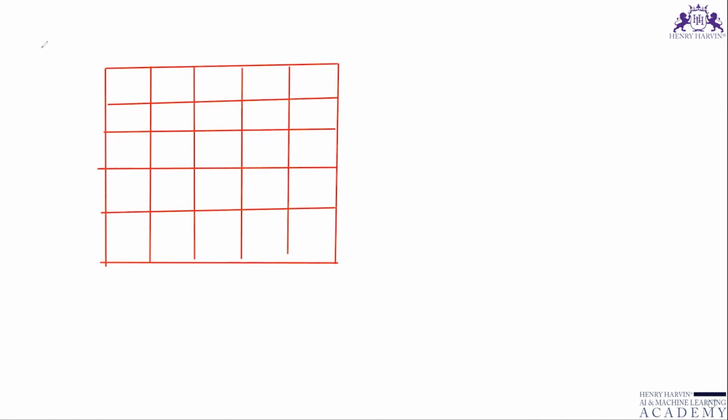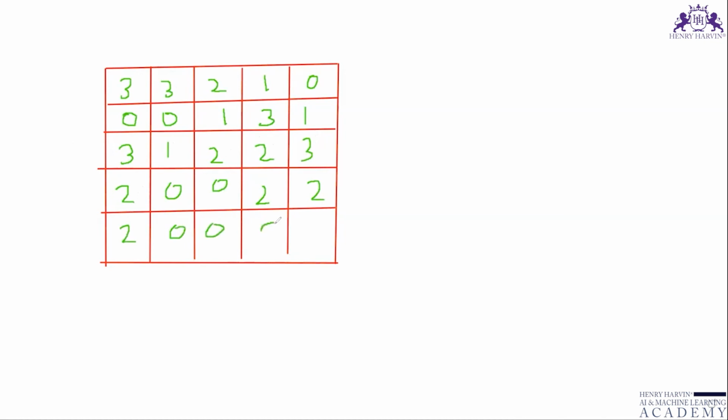Say for example, I have 3, 3, 2, 1, 0, and then I have 0, 0, 1, 3, 1, and I have 3, 1, 2, 2, 3, and then here again I have 2, 0, 0, 2, 0, 0, 2, 2, and then 2, 0, 0, 0, 1.